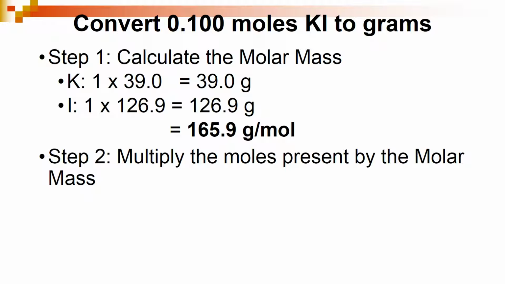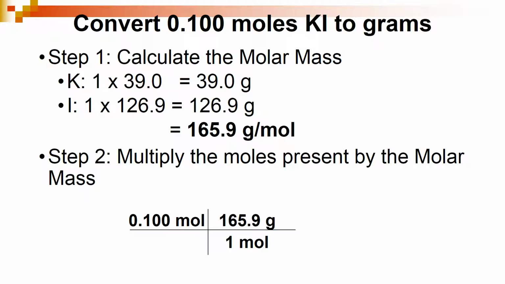We're going to multiply the moles present by the molar mass of KI. Setting up our conversion, we know that this initial value of 0.100 moles needs to go on the top. Now, we have moles as our starting unit, so the units of moles need to be on the bottom here. Using our conversion factor, we know that 1 mole is equal to 165.9 grams.